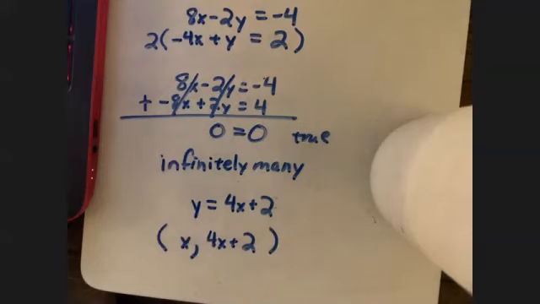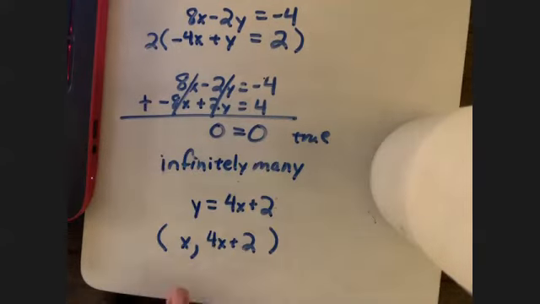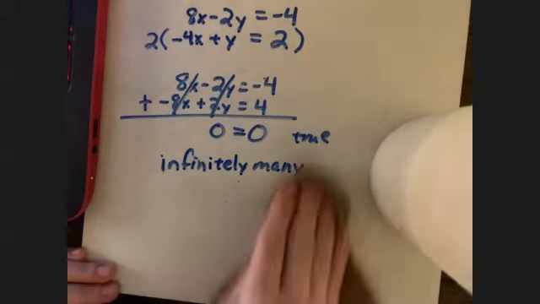Now, sometimes they may have y, and then they've solved one of these equations for x, so that it's x equals, and they'll put that in the x spot. So just be mindful of the fact that this is sometimes how you will see them write these infinitely many solution things.